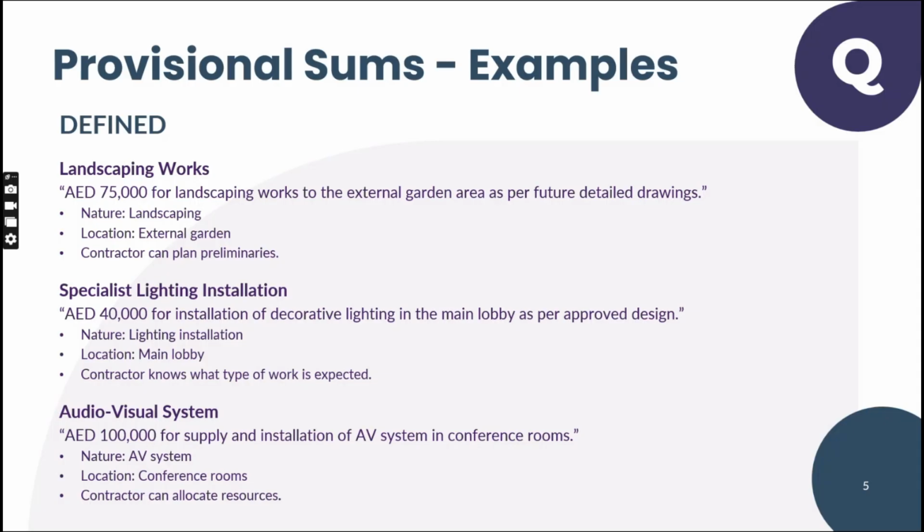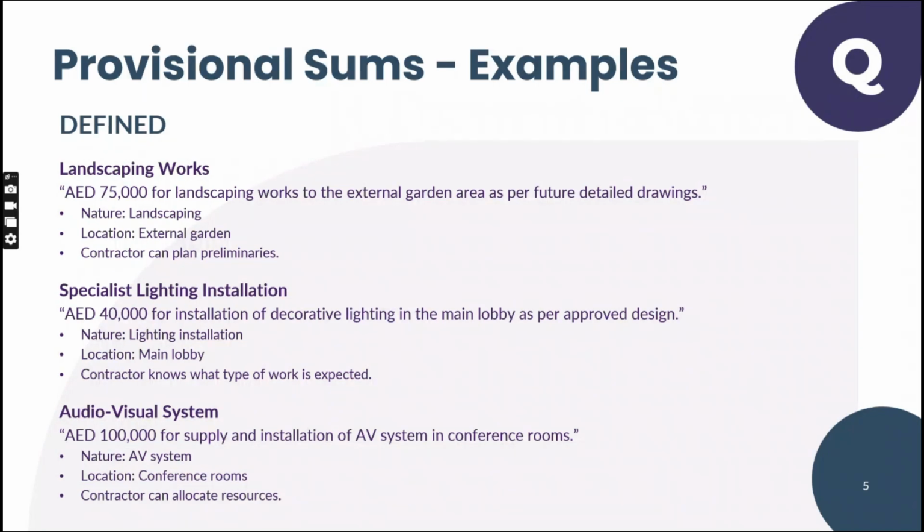So that means I have some schematic or indicative drawings available with me. Let me remind you about the example of landscape which I showed you. Some basic landscape design is available with me. So based on that, I'm keeping 75,000 AED for the work. But again, it will be remeasured or reconciled as per the future detailed drawings.